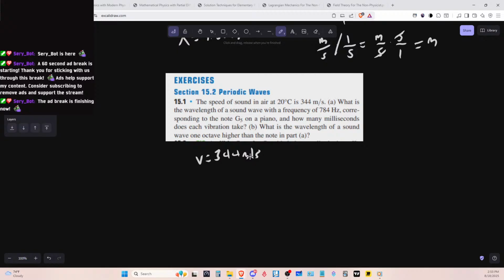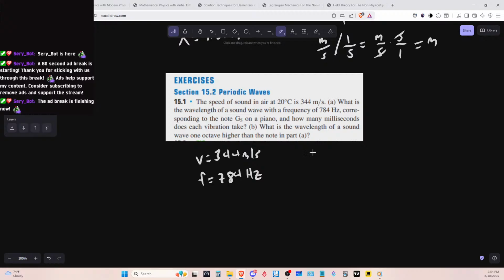What is the wavelength of the sound? We are given a frequency, in hertz, corresponding to the G note. How many milliseconds does each vibration take? And from B, what is the wavelength of the sound wave 1 octave higher than the note in part A?